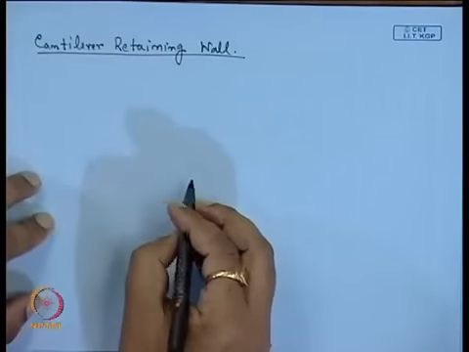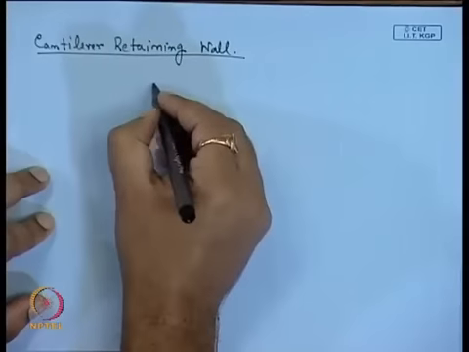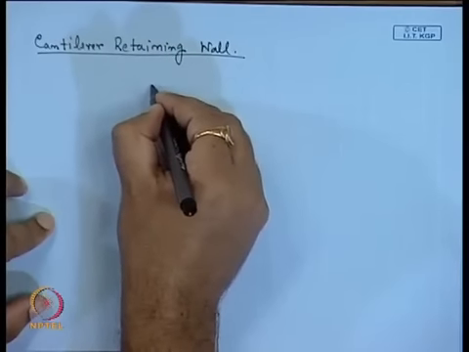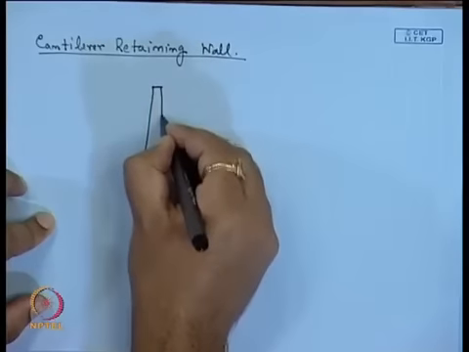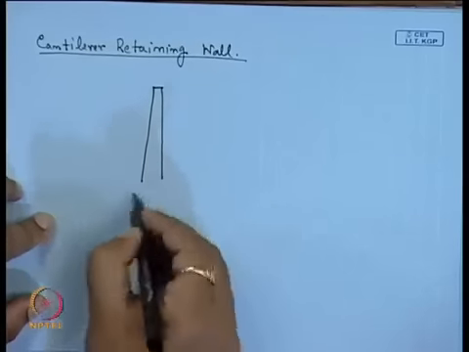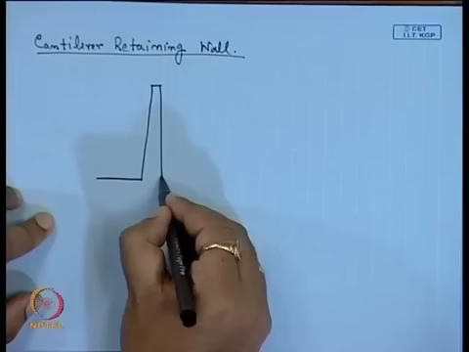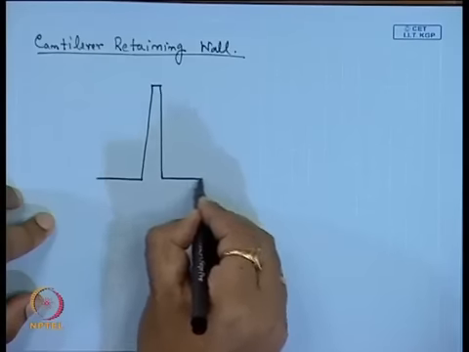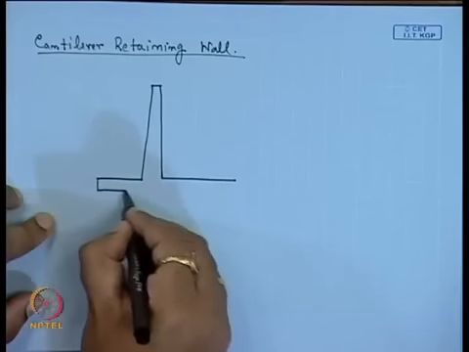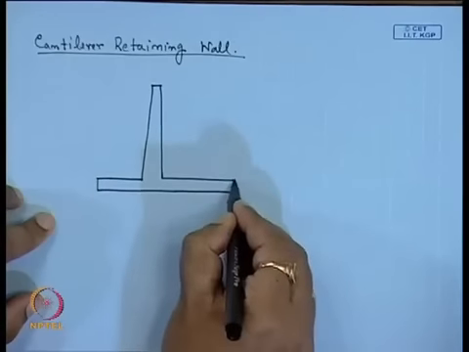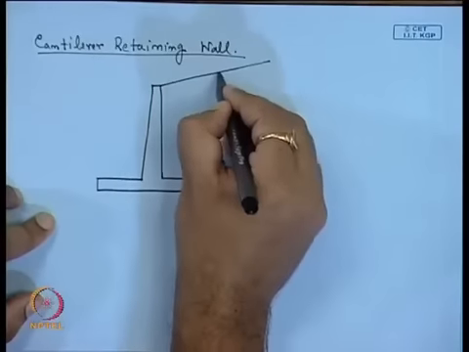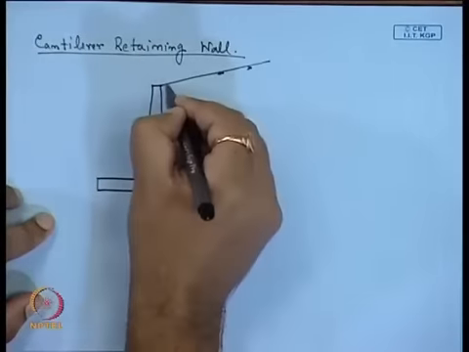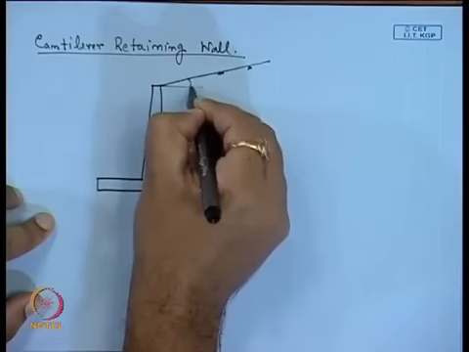So, for the cantilever retaining wall, suppose this is the particular cantilever retaining wall. So, this is the ground surface in the backfill side, which is making an angle i again.